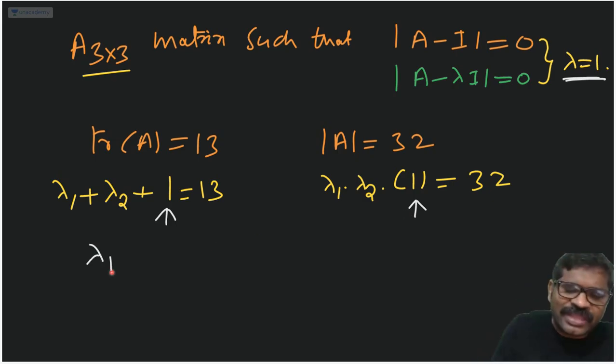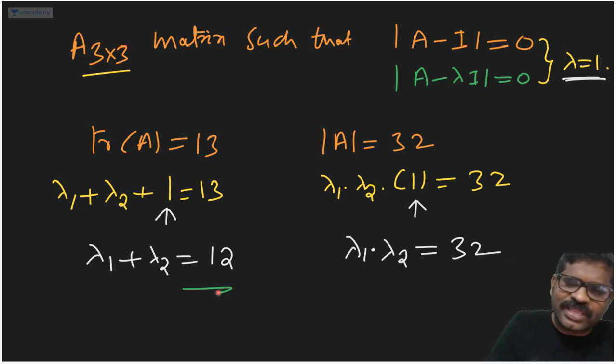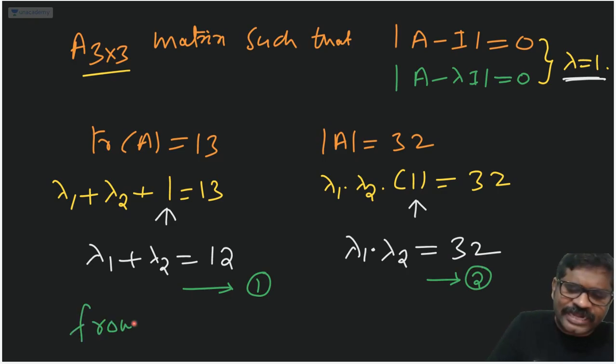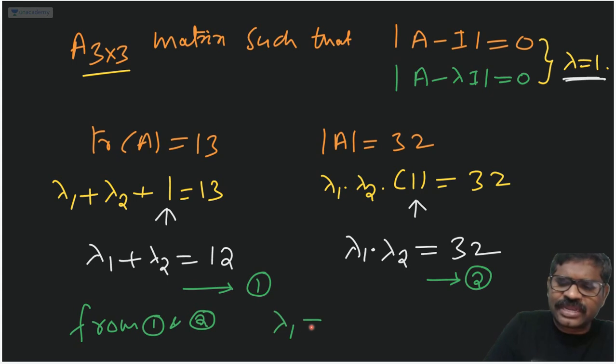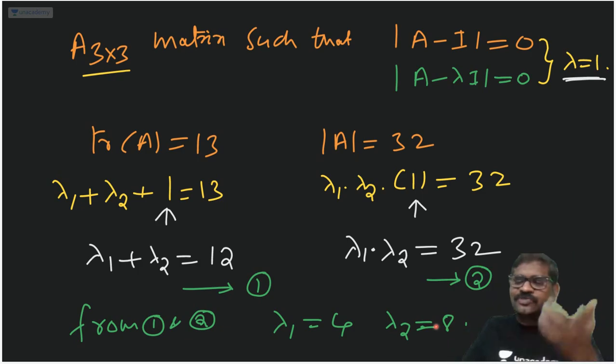Now lambda 1 plus lambda 2 equal to 12. Lambda 1 multiplied with lambda 2 equal to 32. This is called equation 1. This is called equation 2. From 1 and 2, you can write lambda 1 is 4, lambda 2 is 8, or lambda 1 is 8, lambda 2 is 4.